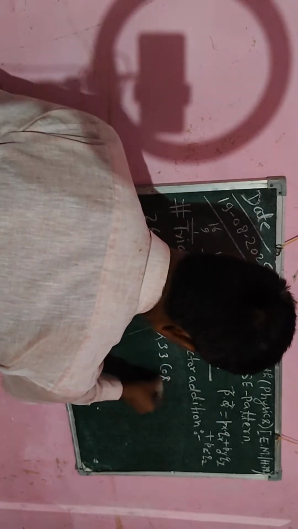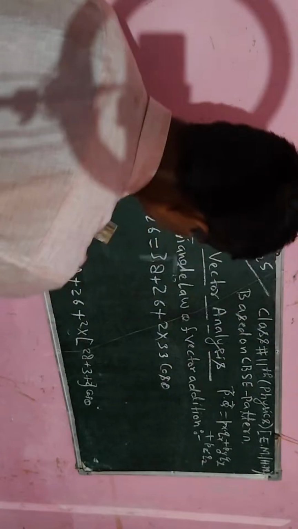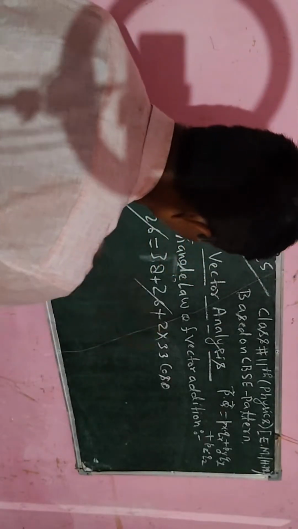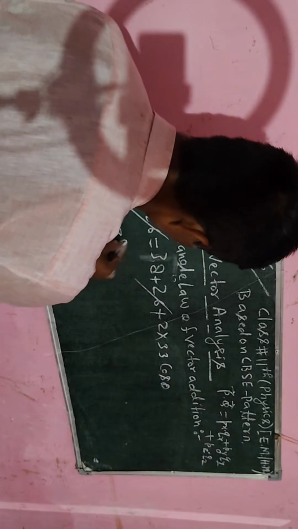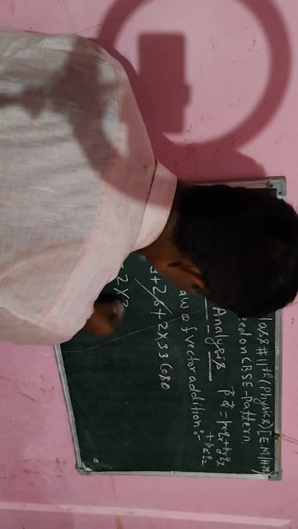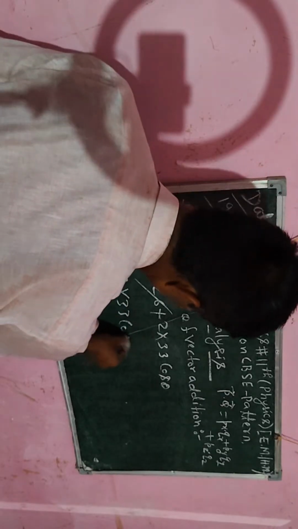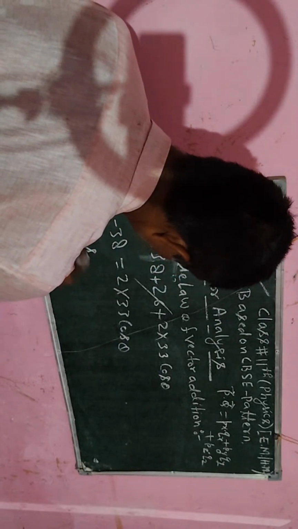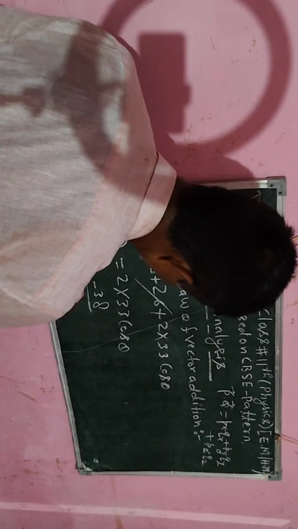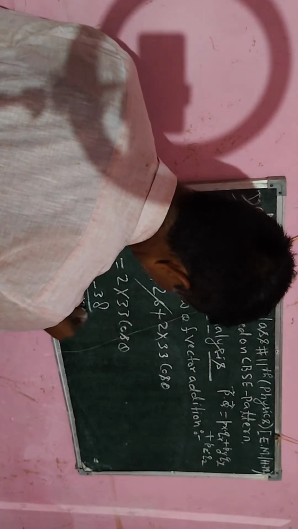So I will write here cos theta. Now further I will say this term and this term will be cancelled out. So here I will write minus 30, which is equal to 2 into 33 cos theta. So I will put here cos theta, which is equal to minus 38 divided by 2 into 33.